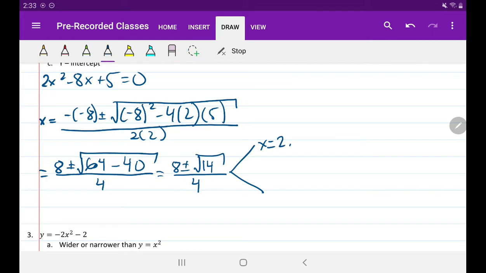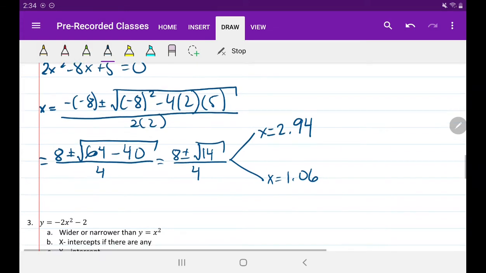Let's just do 2 decimal places: 2.94. And then the other possibility, we'll do 8 minus root 14, and then divide that by 4, and we get 1.06. All right, so those are your two x-intercepts.